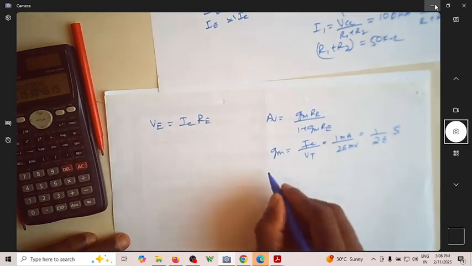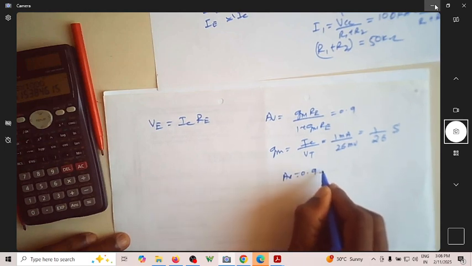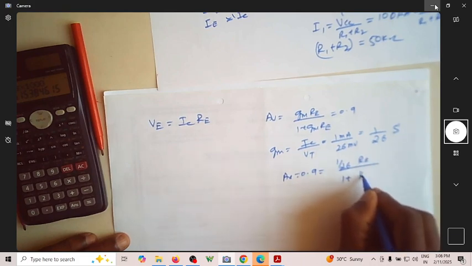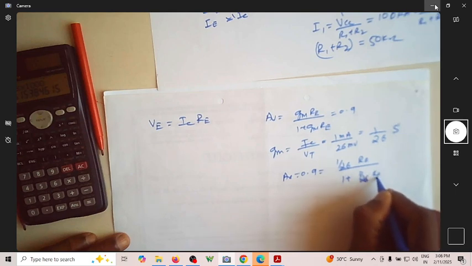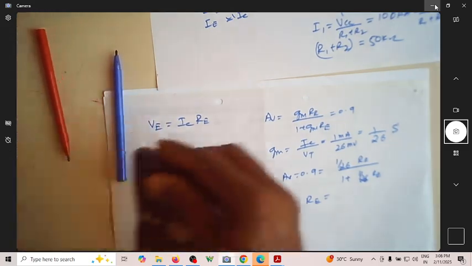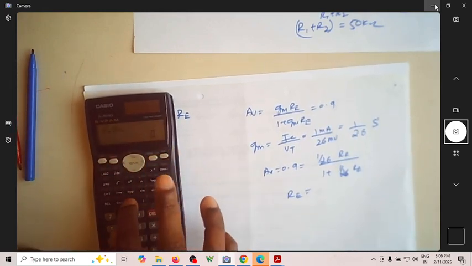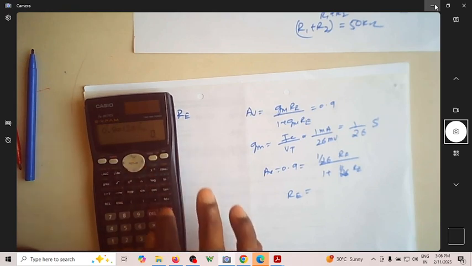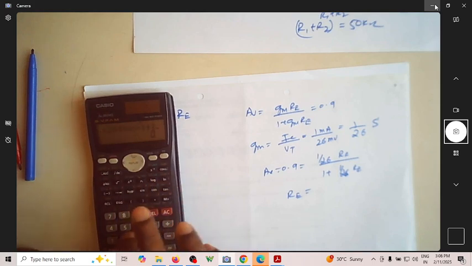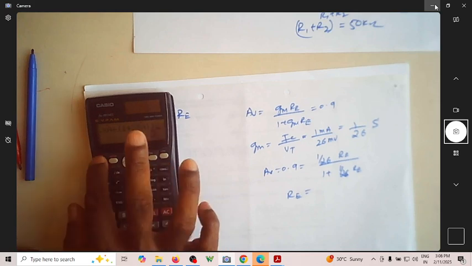So for AV of 0.9, 0.9 is equal to (1 over 26) RE by 1 plus (1 over 26) RE. So let us try to find out how much RE is expected.